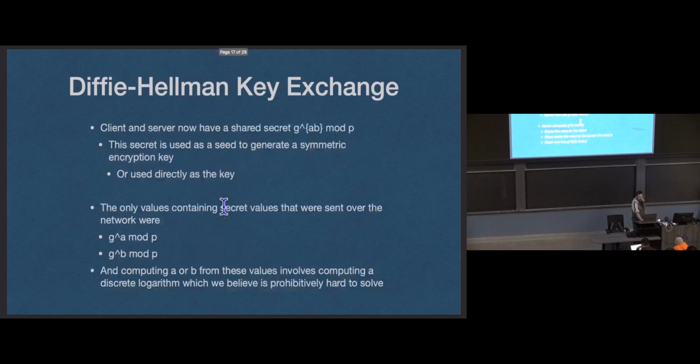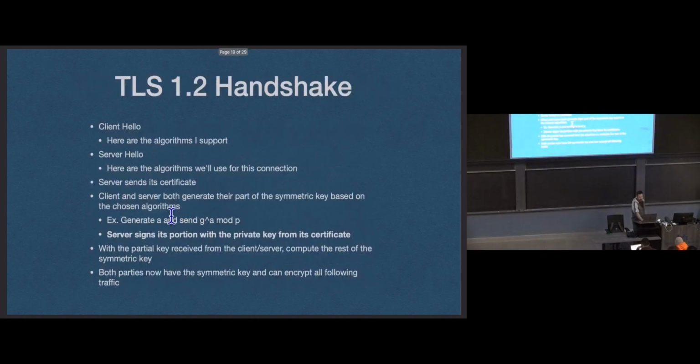Yeah, the server computes G to the B. When the server sends G to the B mod P, when the server sends its portion of the symmetric key during this exchange, it will sign it with its private key. The server signs its portion of the symmetric encryption key with its private key, the one from its certificate that was sent right here.